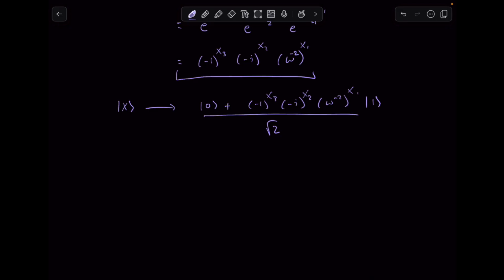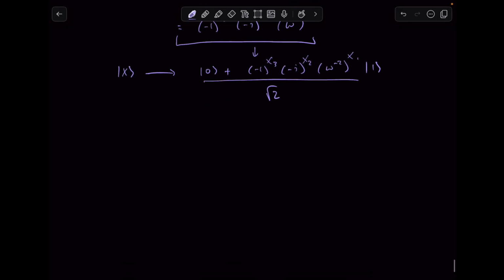We're going to proceed how we did with the previous one, and we'll observe that we can get the first part of this phase just through a simple Hadamard. So the transformation is going to start with a Hadamard, specifically on the third qubit.